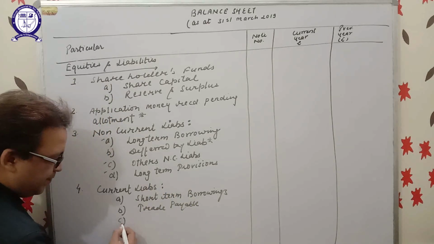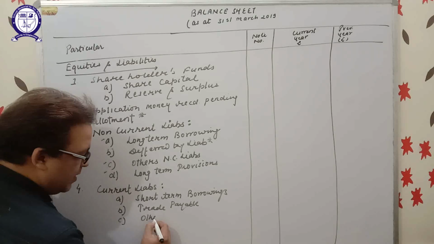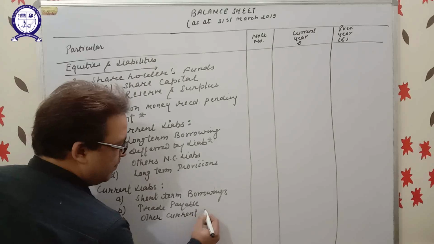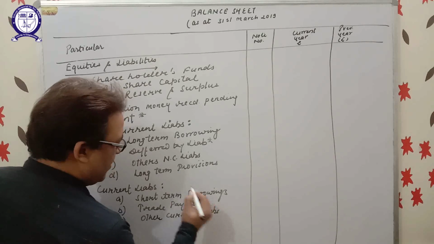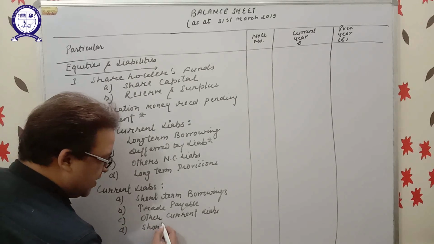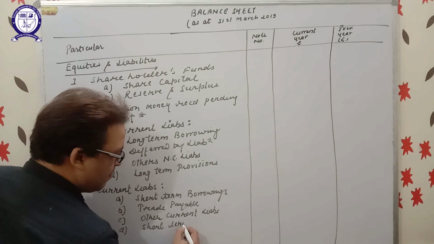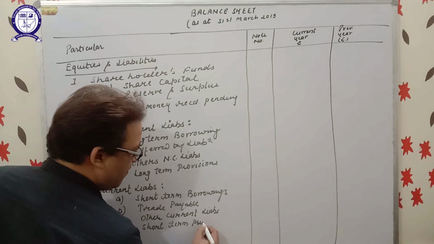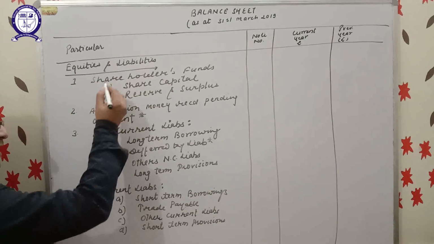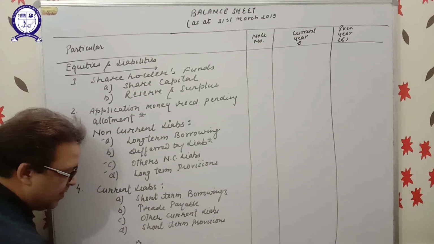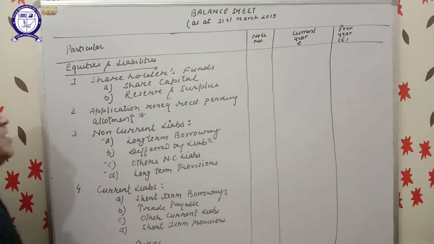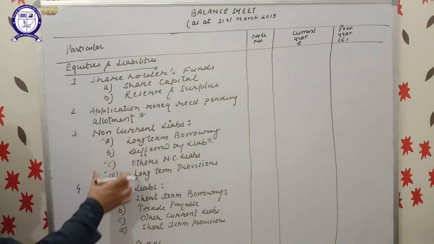Number 3, other current liabilities. Number 4, short-term provisions. And then total of the liability side. So these are the equities and liabilities.